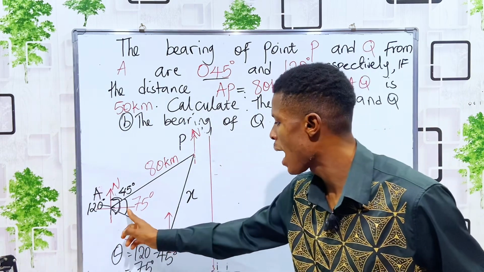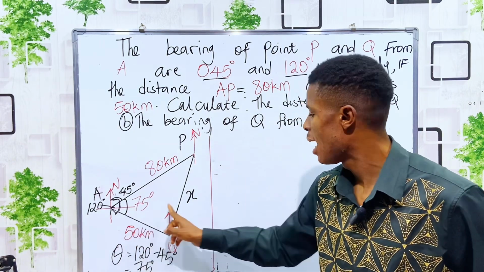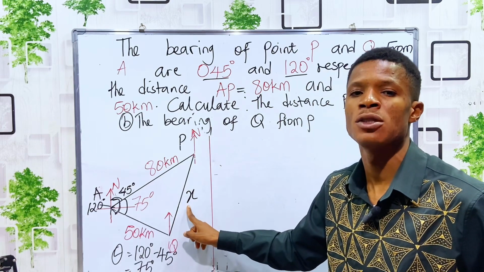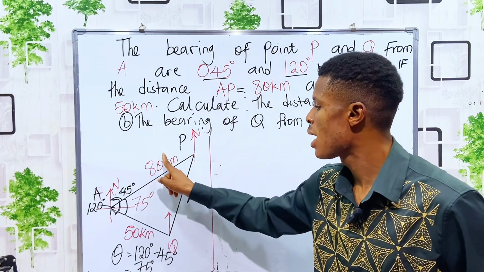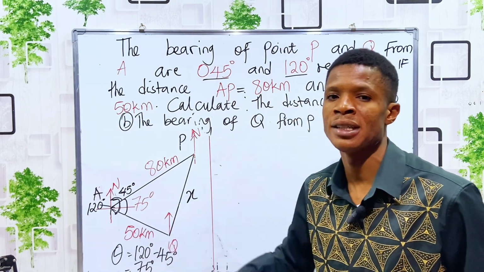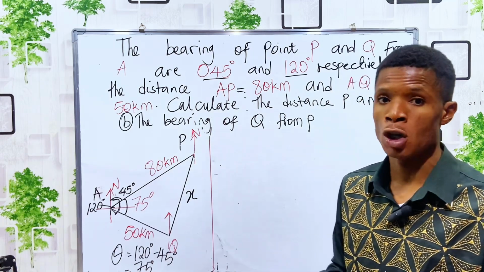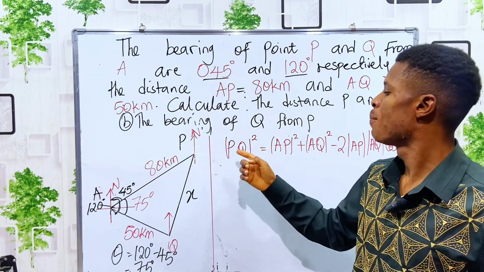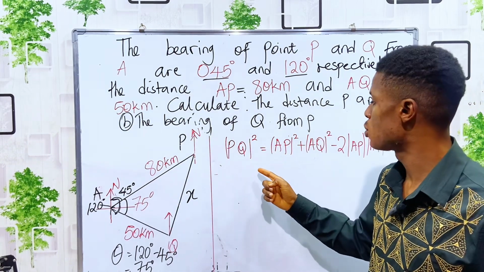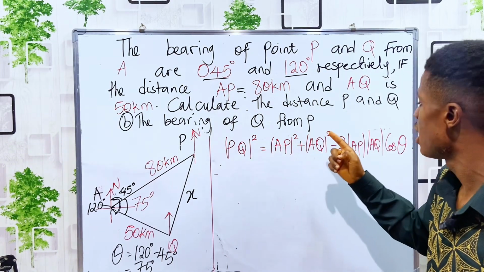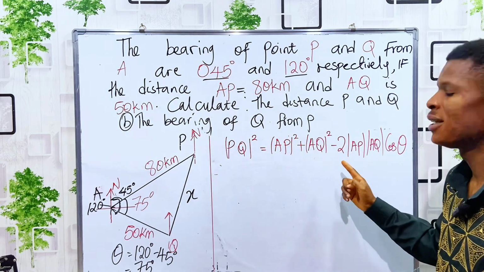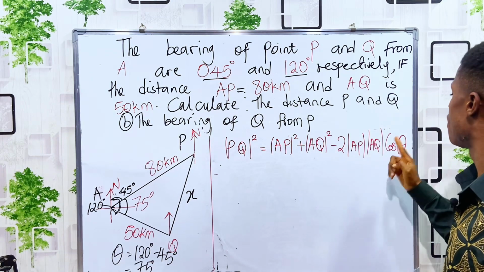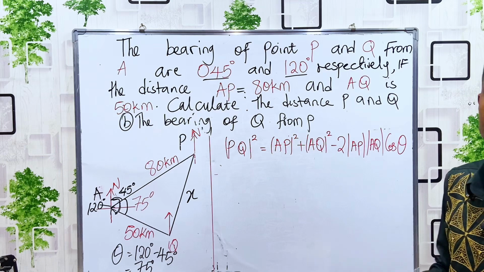Since we have one angle given, directly opposite to the missing side, and we have the two other sides given, it's best to use the cosine rule. The cosine rule states that PQ squared is equal to AP squared plus AQ squared minus 2 AP AQ cos theta.